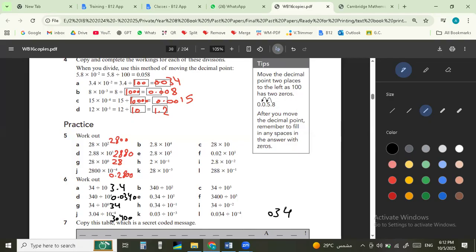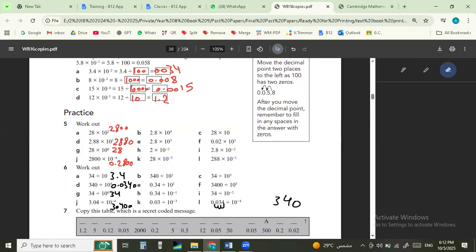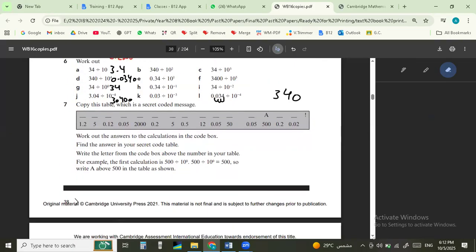If it was a positive power, I would have moved it to the left, but it is a negative power, so I move it to the right. Moving it to the right, I have 1, 2, 3 digits, but I need one more, so it is 340. And definitely the 0 is unneeded. Same thing exactly with the rest of the questions.